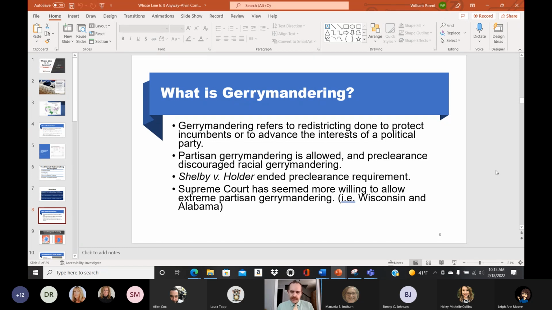Racial gerrymandering. This is an important Supreme Court case, 2013 Shelby County versus Holder. It ended the preclearance requirement. So I alluded to the Voting Rights Act of 1965, which required states and political subdivisions that have a history of discrimination to get preclearance. Well, in Shelby County versus Holder, the U.S. Supreme Court found that the coverage formula, the maps that were used to determine which states and political subdivisions had a history of discrimination, were outdated.